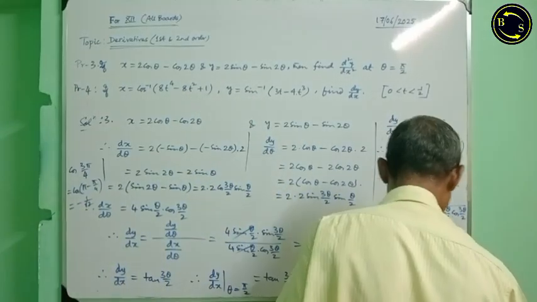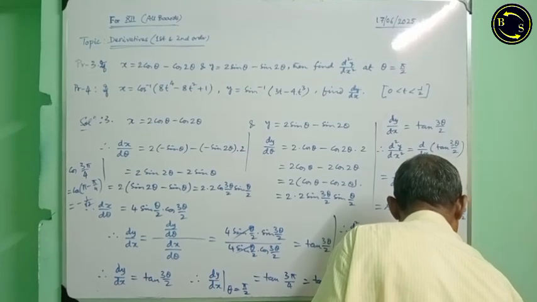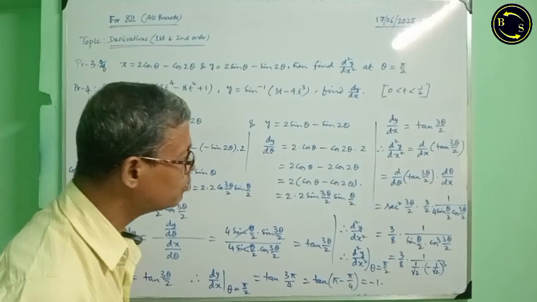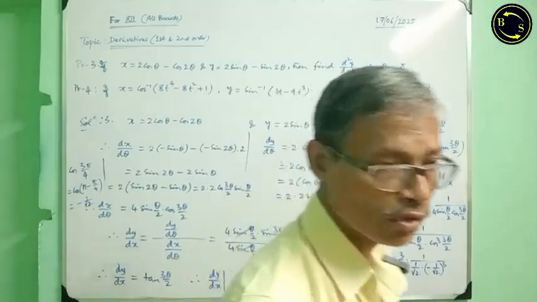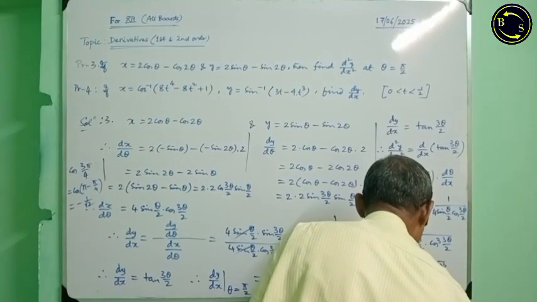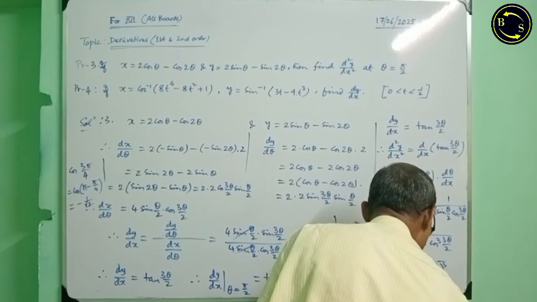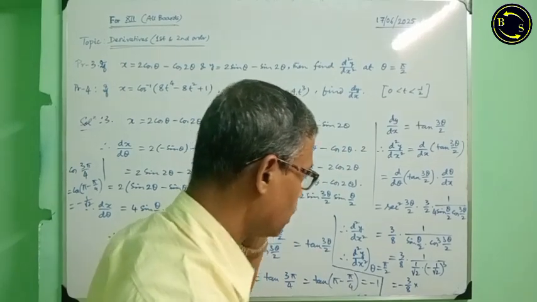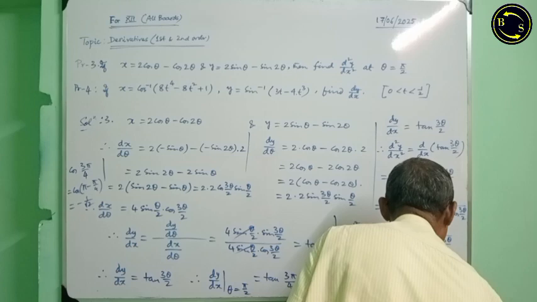Therefore it will be minus 1 by root 2 whole cube. If we simplify, it will be minus 3 by 8 into root 2 whole to the power 4, that means 4.